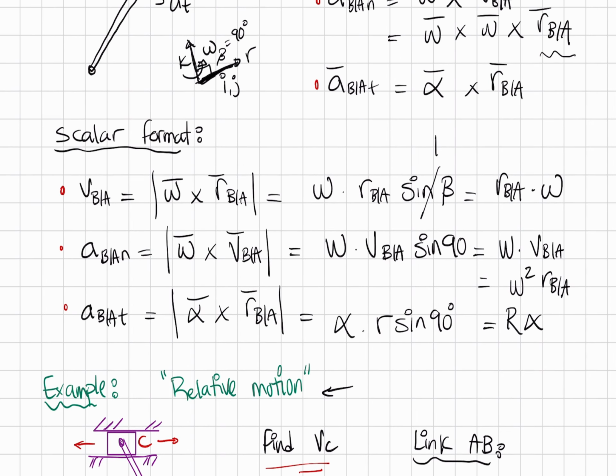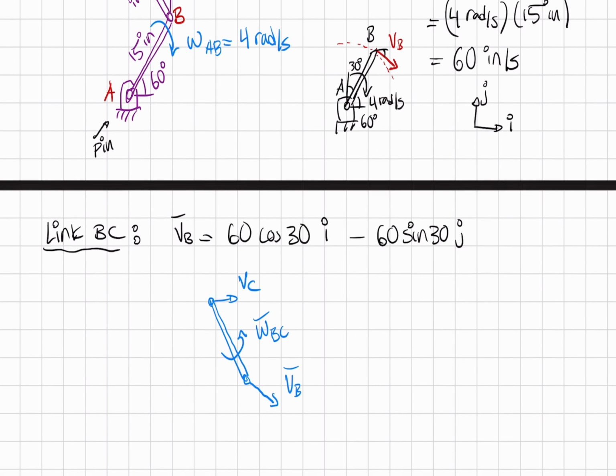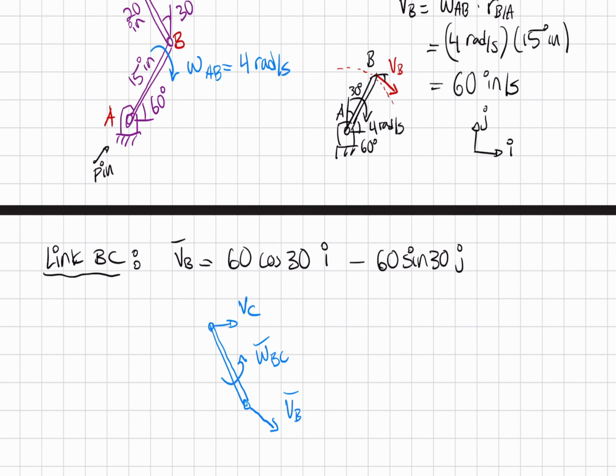And if we scroll up just a little bit, I can now use some of the relationships we had before. So I can use this relative velocity term and add it to my absolute velocity term. And what I mean by absolute is velocity B here is absolute because it's measured relative to a fixed point. So it's really a constant value. It's not relative to anything.